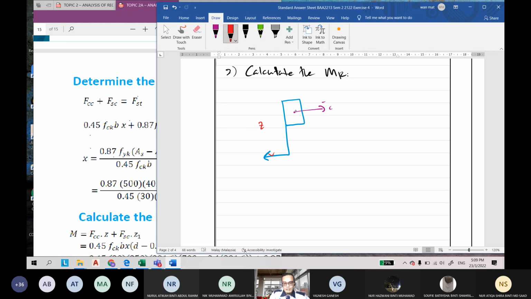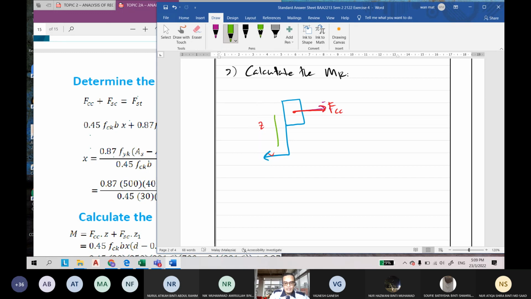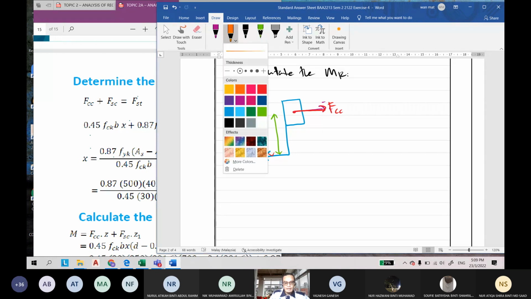So the lever arm here is our Z, and this is our FST.